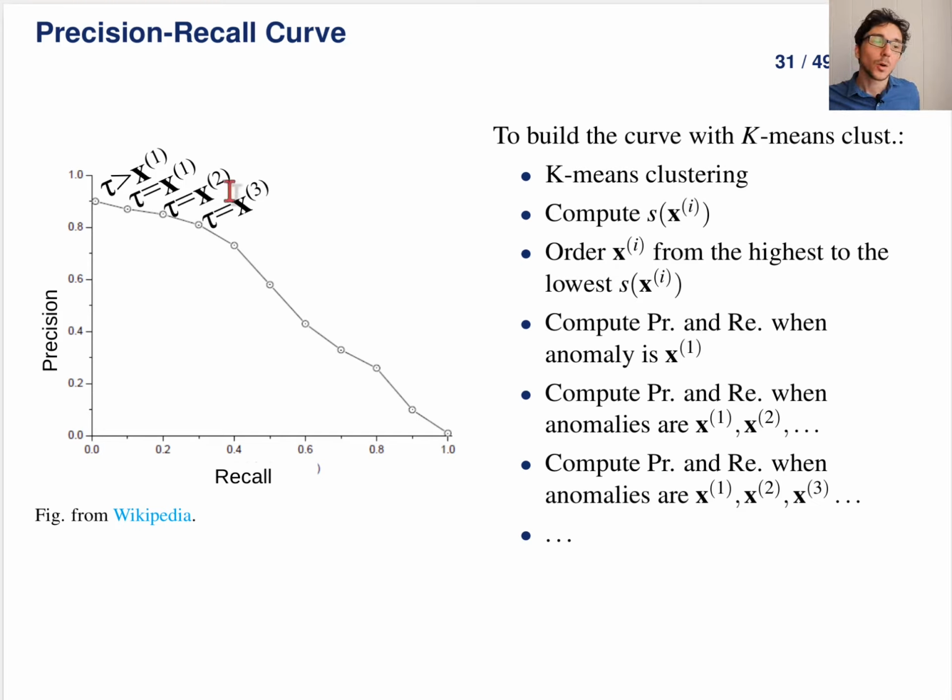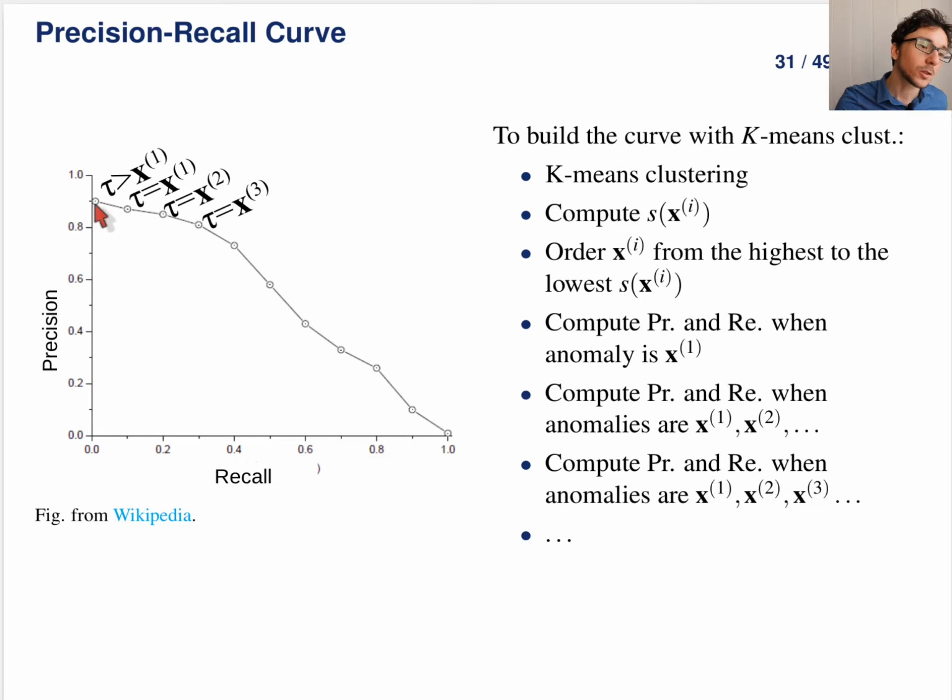Okay? And then we say, okay, now we set tau equal to the highest score, and we compute the precision and recall. Then we say we set the threshold equal to the second highest score, and so on and so forth. Like this, you are creating this sort of curve.